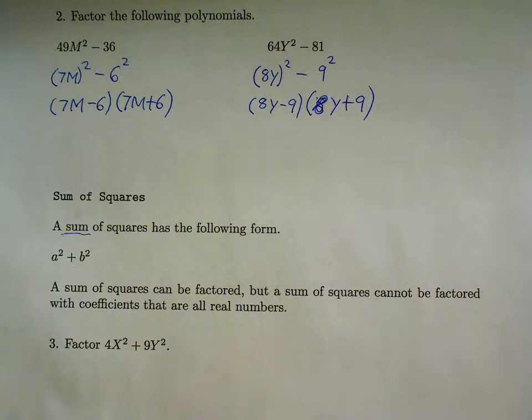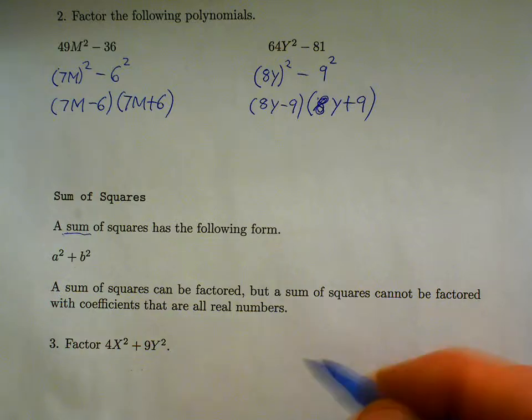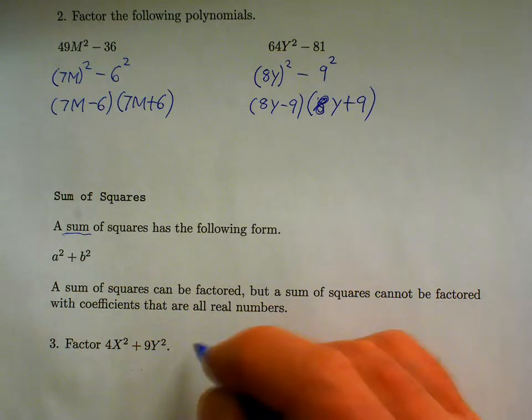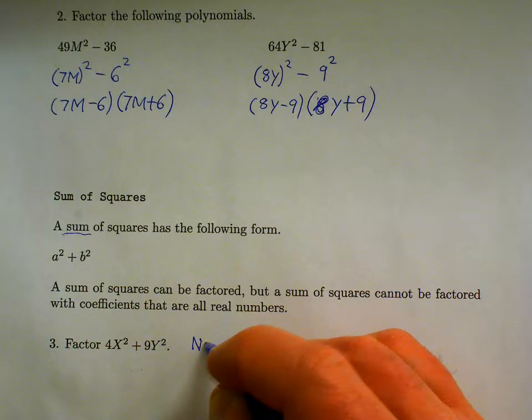So in this class, Math 1108, we're going to be satisfied with saying, well, we cannot factor this with real numbers. So 4x squared plus 9y to the second. It is factorable, but in our little universe, we're going to say not factorable.